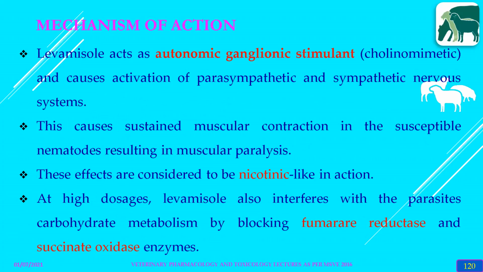These effects are considered to be nicotinic-like action. At very high doses, levamisole also interferes with the parasite's carbohydrate metabolism by blocking the fumarate reductase enzyme. So apart from the autonomic ganglionic stimulant action, it also blocks the fumarate reductase and succinate oxidase enzymes.